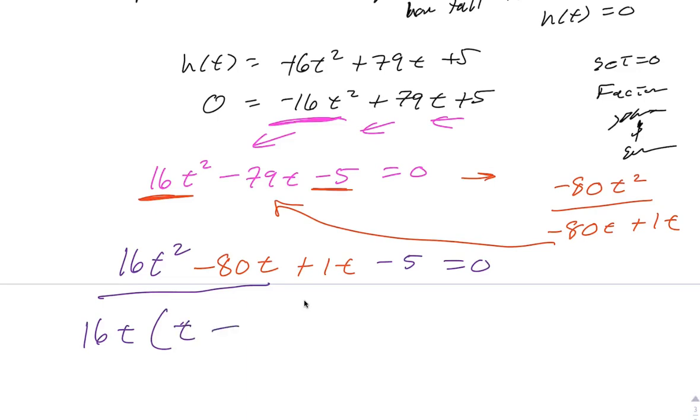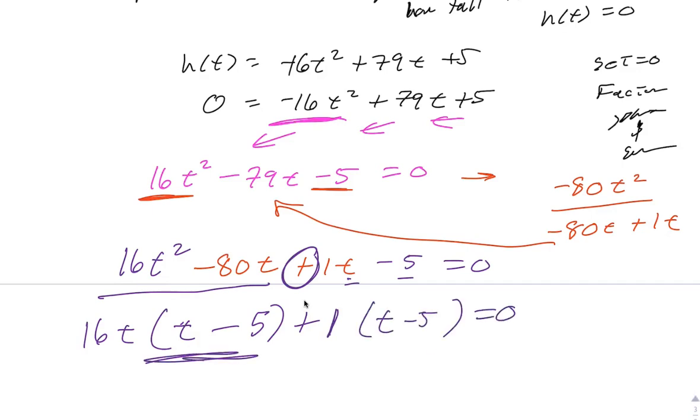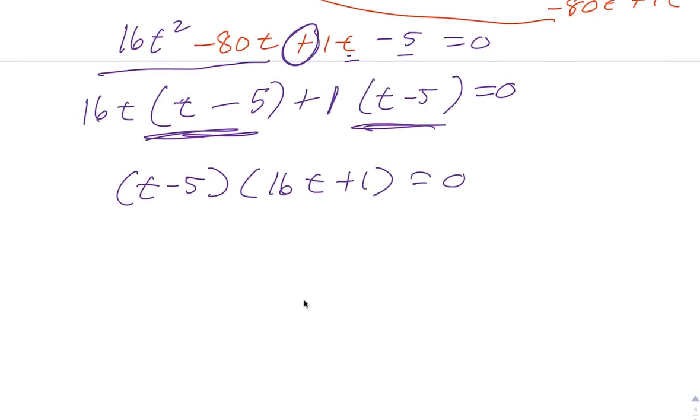So that's going to be t minus 5, since 80 divided by 16 is 5. Always bring down the middle term. The t and negative 5 have nothing in common, so we always pull out a 1. And you get t minus 5 equals 0. Hey, these match. So I get t minus 5 times 16t plus 1 equals 0. Let's split and solve.